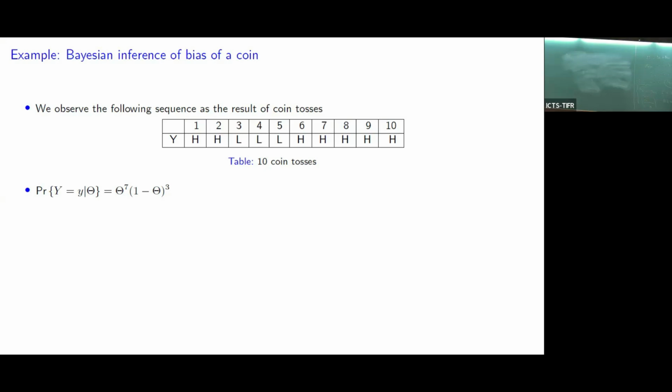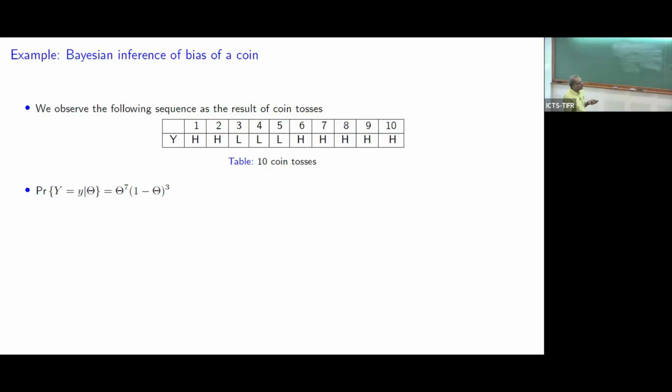Now, if I think about each of these coin tosses as being independent of one another, so the event that the coin comes up heads in the first toss is independent of whatever happens in the second toss, and again and again, then the probability that I get to see a particular number of heads, given that my bias is some value theta, is going to be like this in this particular case.